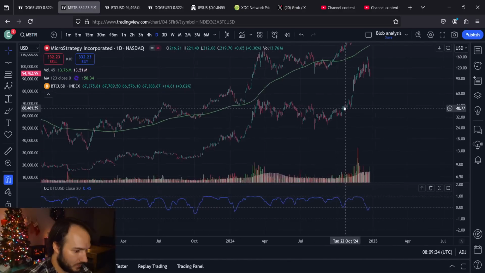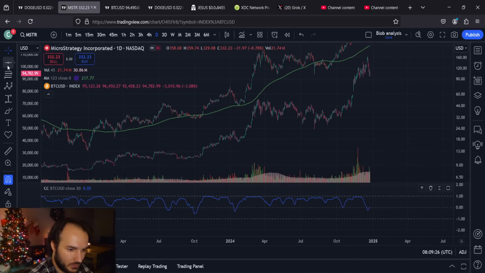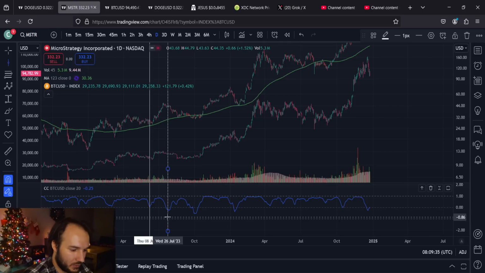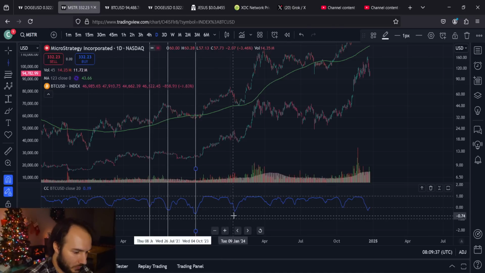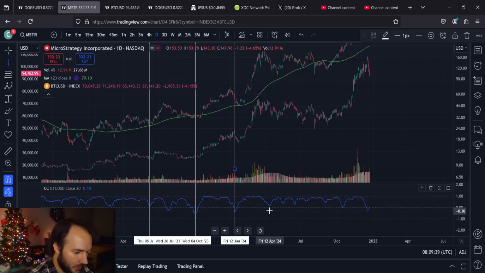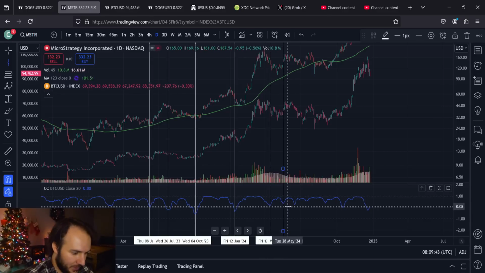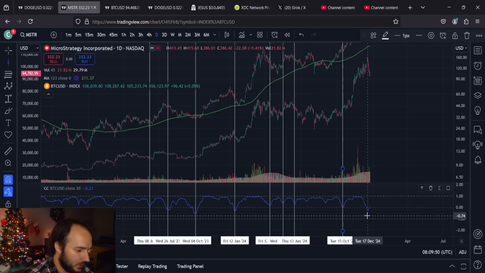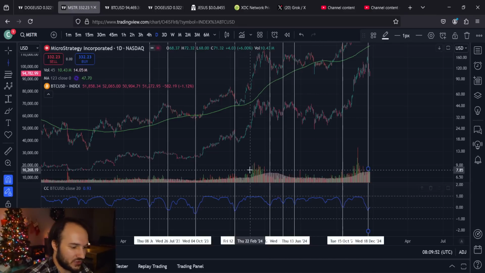Okay, so what I want to do now is I want to take vertical lines and I want to put them in all of these low points in the correlation coefficient right before we're about to turn bullish. Not bullish, right? Because this has nothing to do with the price. The indicator here that I'm measuring, I'm just taking it at the dips here. Maybe not these small dips, but like these more big dips. Nothing to do with price. It just has to do with the correlation.